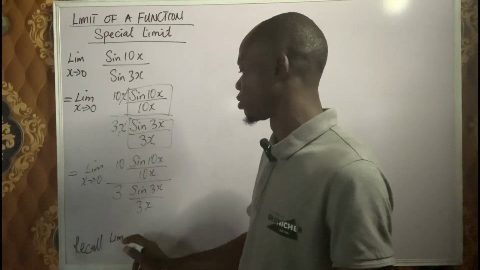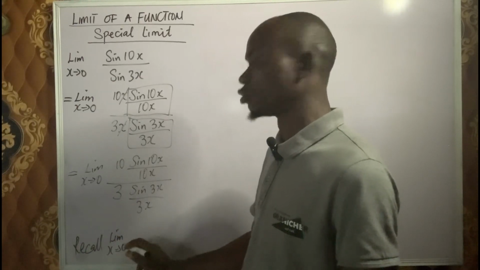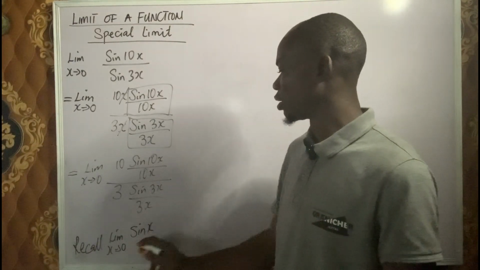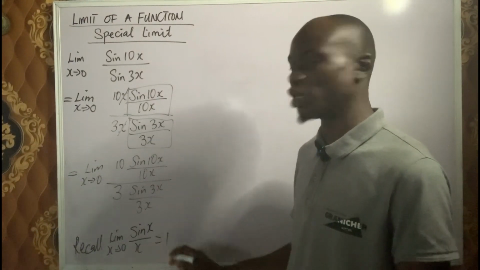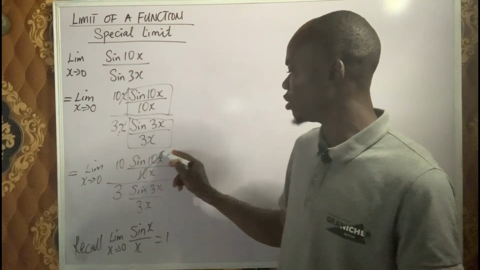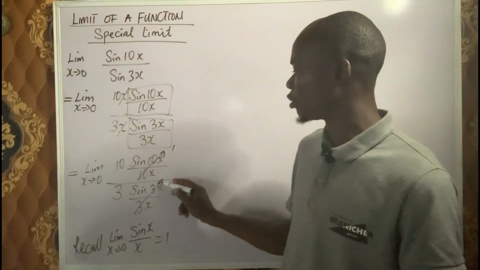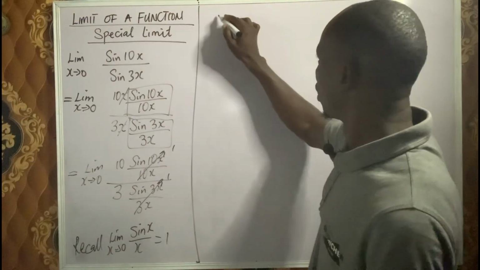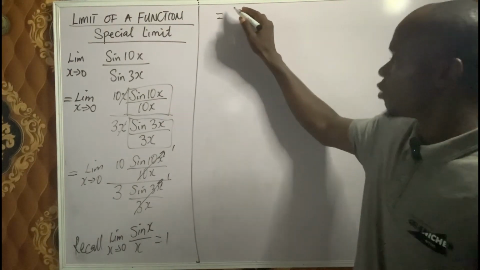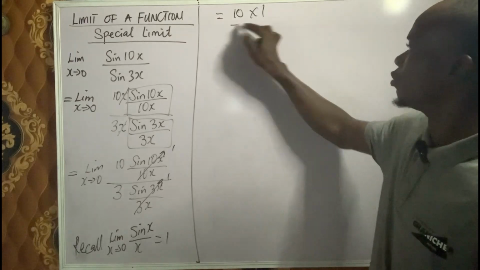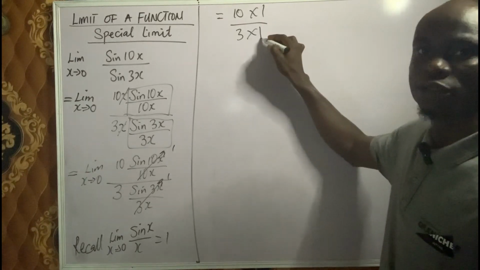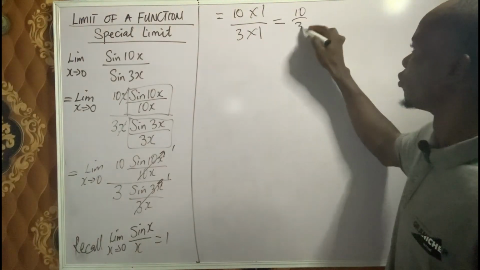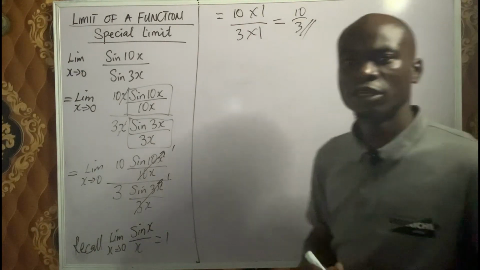That limit as x tends to 0 of sine x over x is 1, making all of these become 1. In the next step, I'm going to have 10 times 1 over 3 times 1. So this is now 10 over 3. That's the final answer for that question.